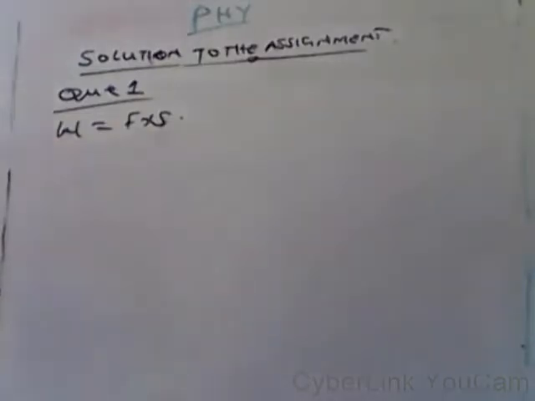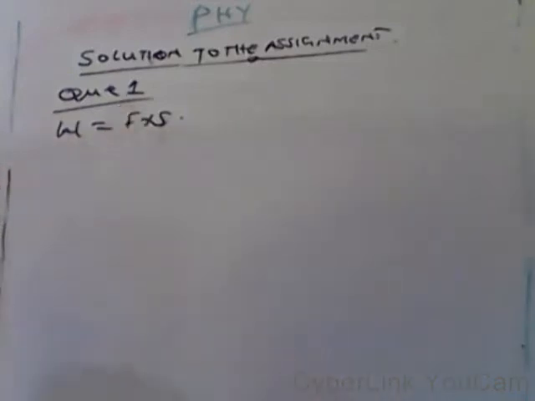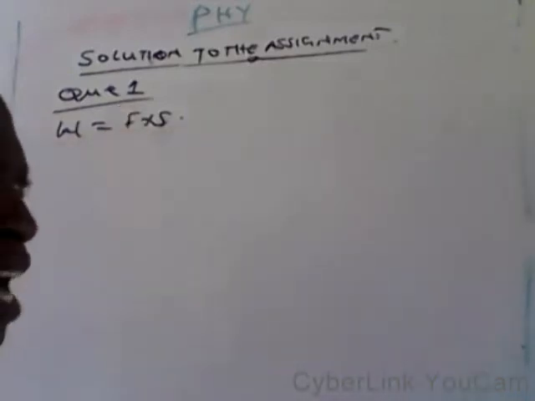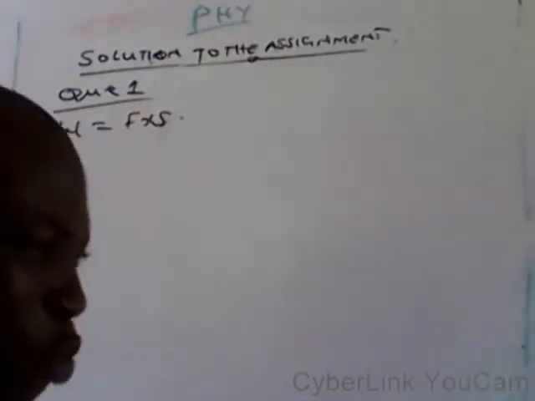So when the body is moving under rectilinear motion, the direction of motion of that body will be in the direction of what? Of the applied force. But consider the situation whereby the applied force is acting at a certain angle to the direction of motion of that body.